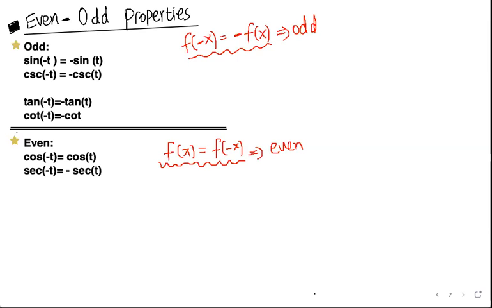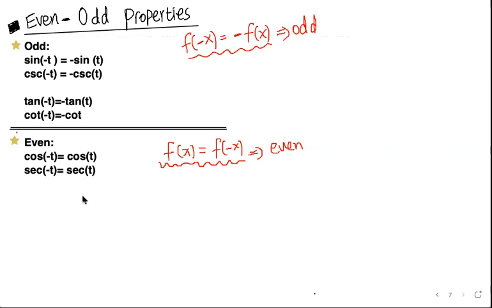Is the secant supposed to look different? Oh, okay. Yes, there's something wrong. Thank you, Justin. So now it's good.